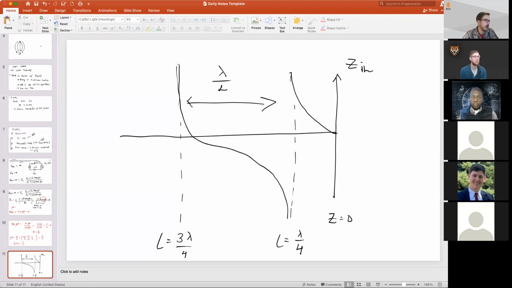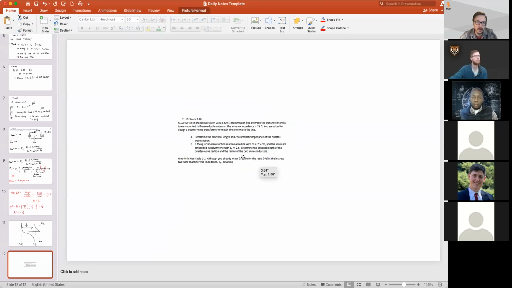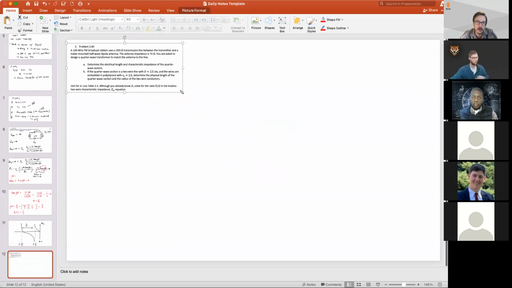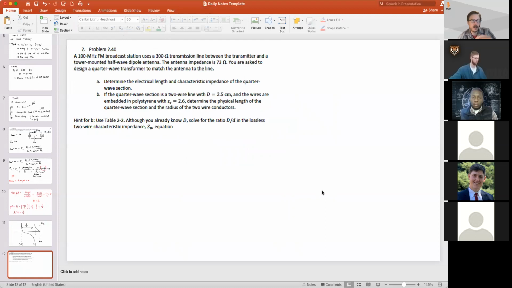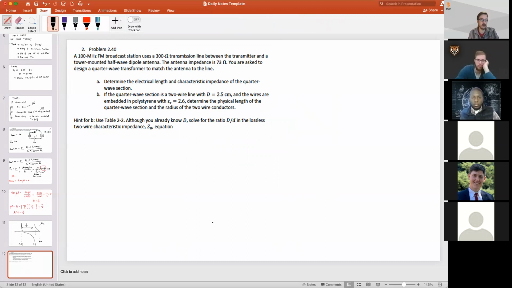And one of the classic ways of doing this, and there's a bit of a design problem here, Calvin, is something called the quarter wave transformer. This is a clever way of designing your transmission line in order to reduce reflections back towards your load.